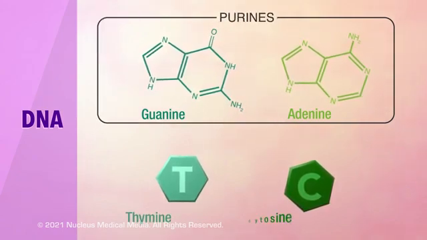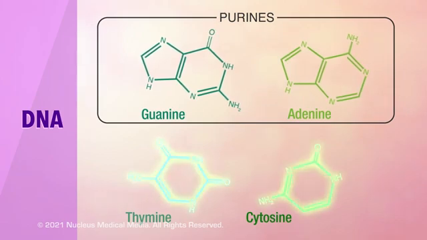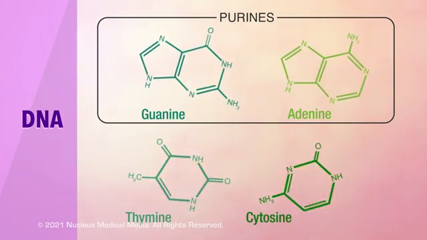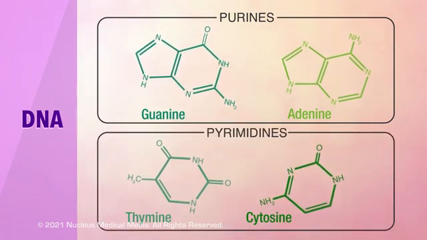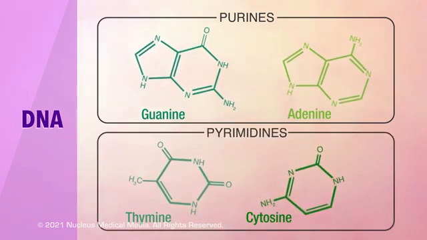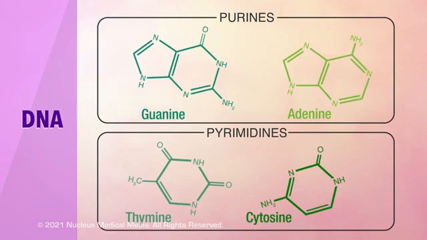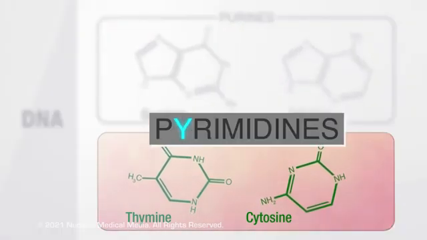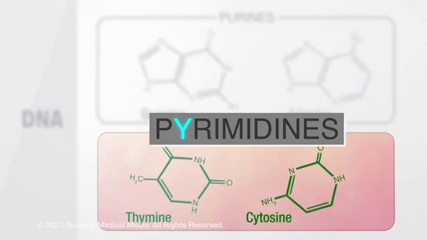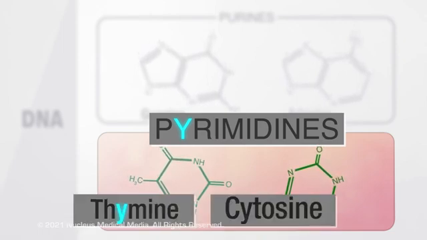But thymine and cytosine both only have a single 6-membered nitrogen-containing ring shape, so they are chemically classified as pyrimidines. Here's a little hint to help you remember this. Pyrimidine has a Y in its name, and so do the bases classified as pyrimidines, thymine and cytosine.